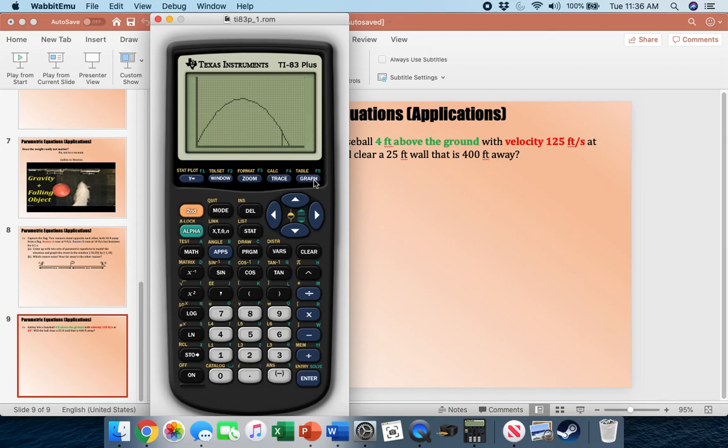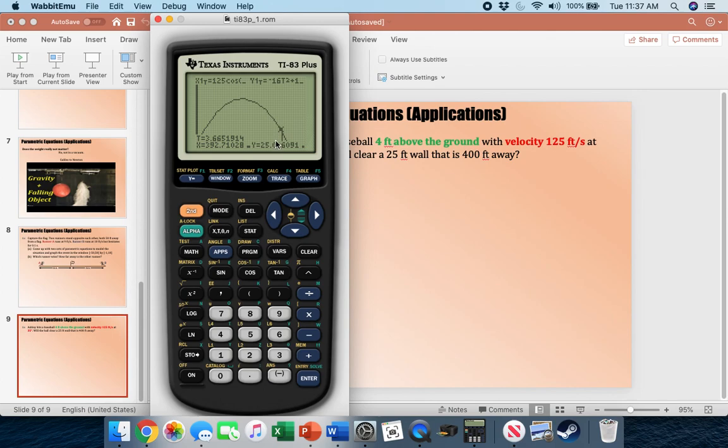Not sure. Right? Now, of course, I can do trace and go over there and see if I can figure it out. But your calculator, especially with the pixels and what my t-step is, not sure exactly, but your math would give you this, right? If you solve those equations like I did before, you know exactly: does that hit the wall? Bounce off the wall? Does it land in front?